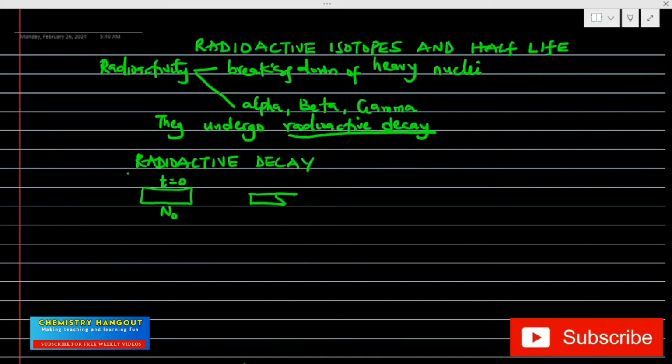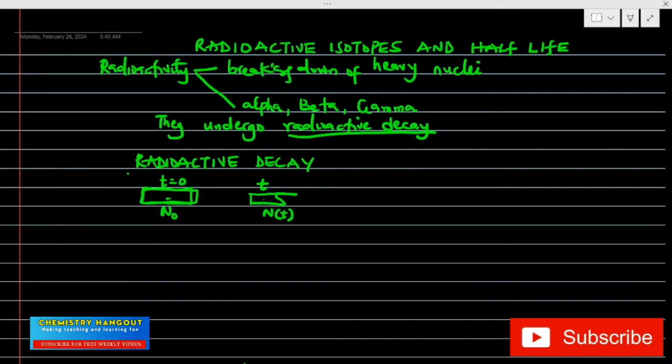Now don't forget that this nuclei is breaking down to give us this. So that means at a particular time t, it would have broken down to this and would have become another mass with respect to this time. This is a particular nuclei I'm using as an example.